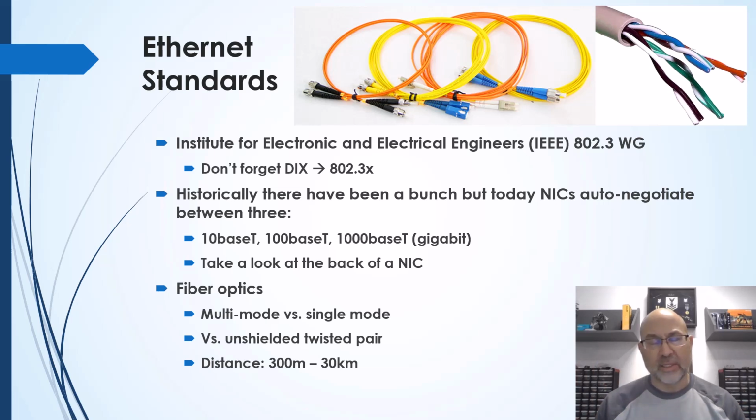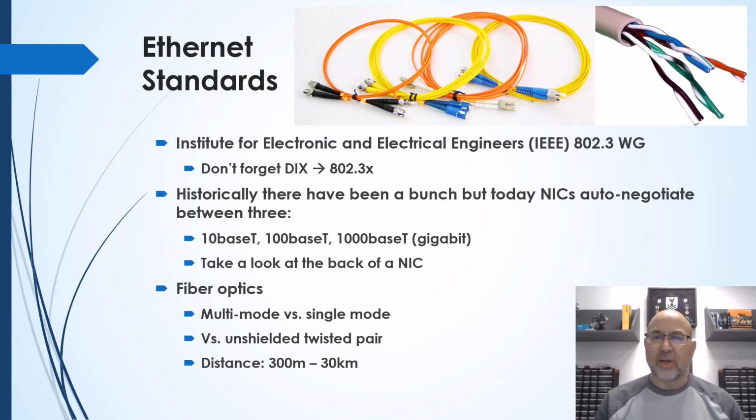But what this means is that on any particular Ethernet network today, you can have a variety of standards and a variety of frames, which we'll see later on in this presentation. So there have been lots and lots of formats and lots of speeds.